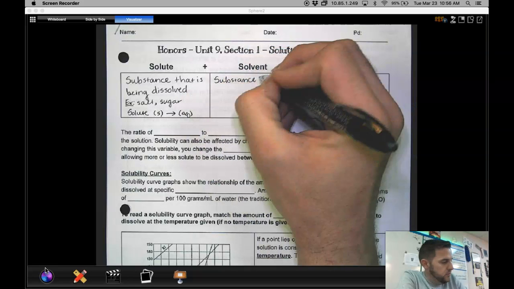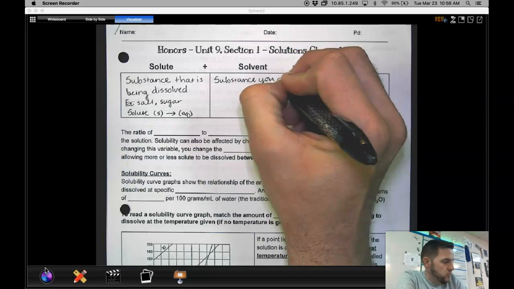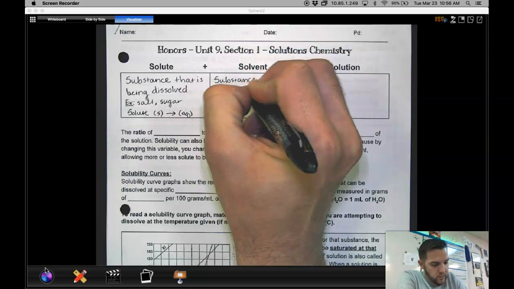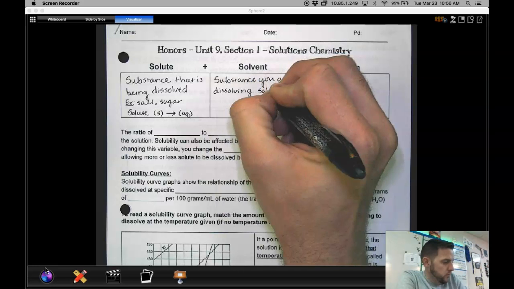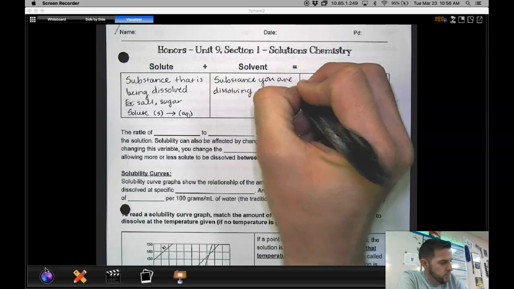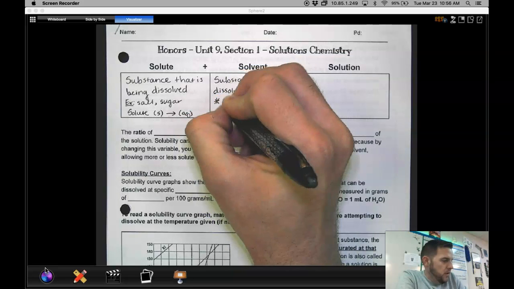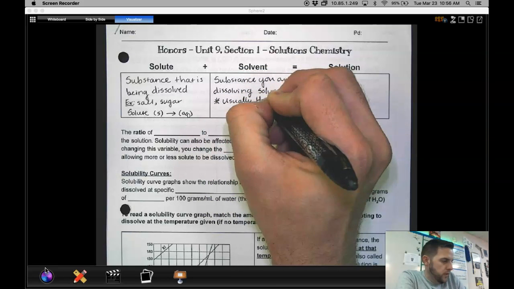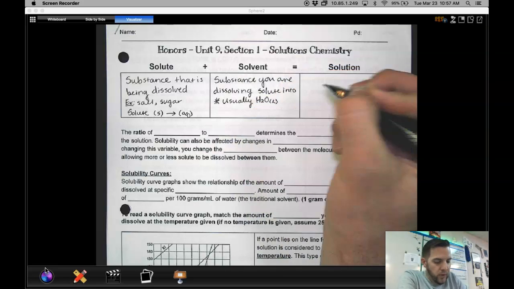That is the substance you are dissolving the solute into. And this is usually water, very often. It's not always, but it usually is.